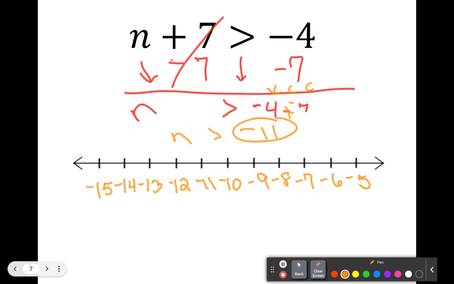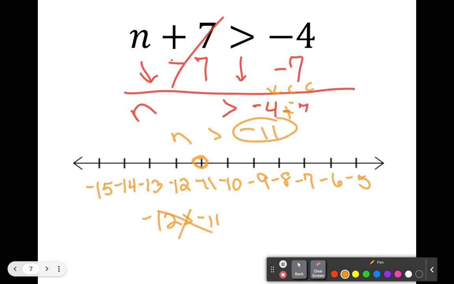So remember, when we have a greater than symbol, it's an open circle. And then let's think about what's greater than -11. Let's see if this statement is true. -12 greater than -11. Is that true?